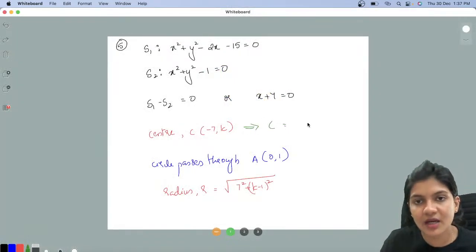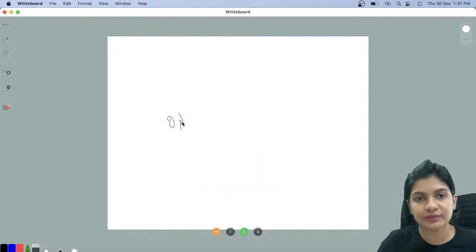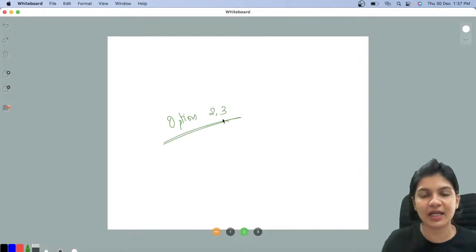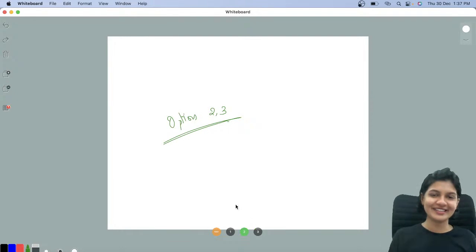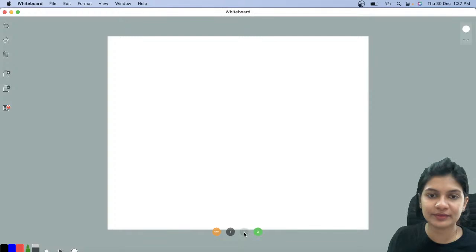So C will be (−7, 1). Hence options 2 and 3 are the right options. Clear? I believe all of the answers are clear.